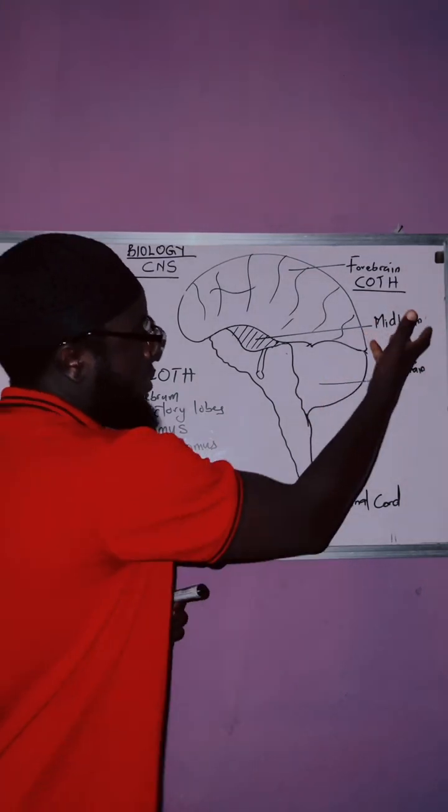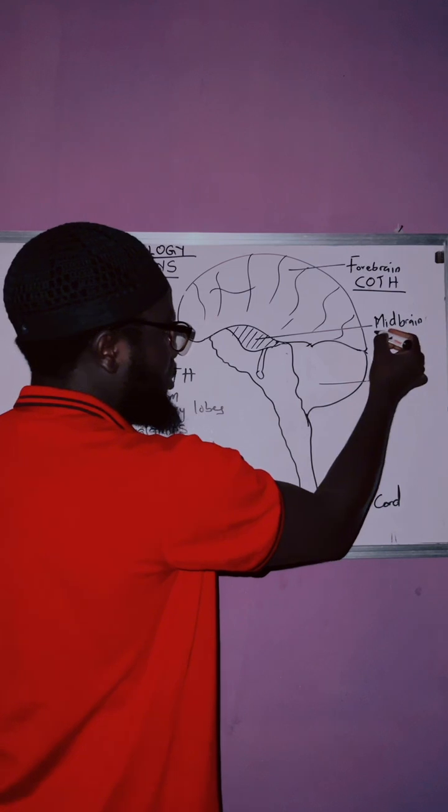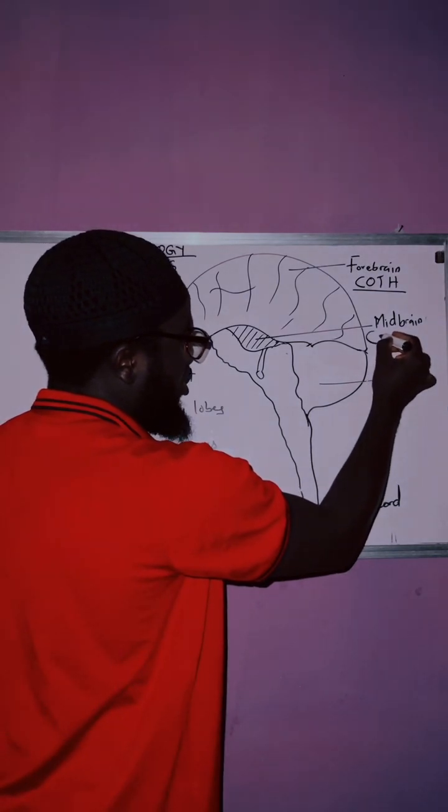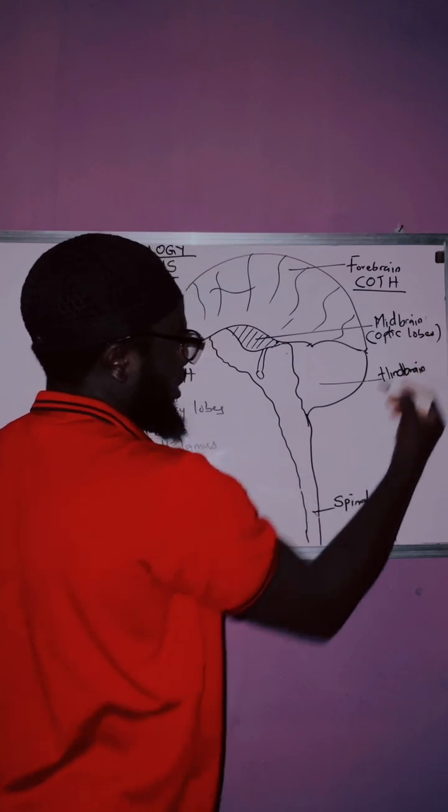Then we have the midbrain. The main content of the midbrain is for vision, and that's the optic lobes.